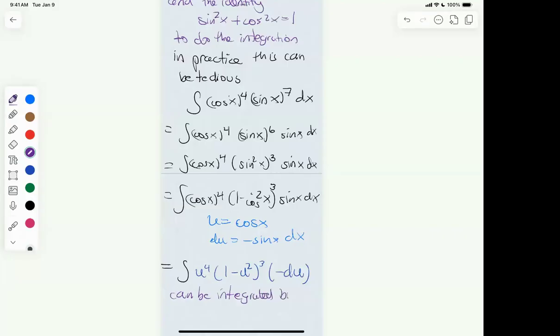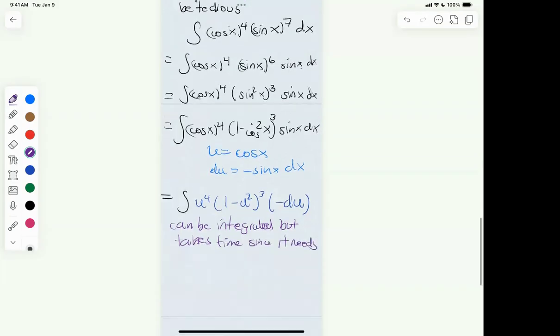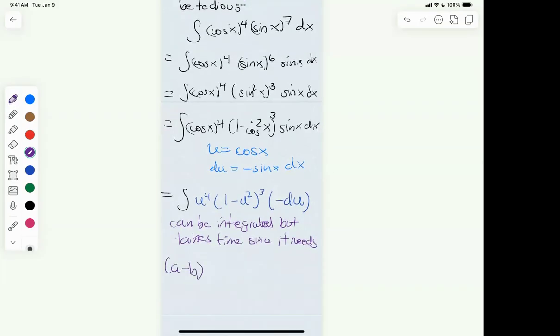It takes time because you would need to use an identity. I'll write the identity, but I don't expect you to remember it. There's this identity for a minus b, cubed, which is a cubed minus 3a squared b plus 3ab squared minus b cubed.